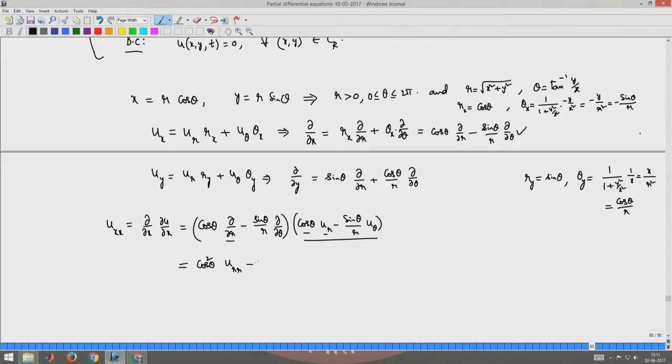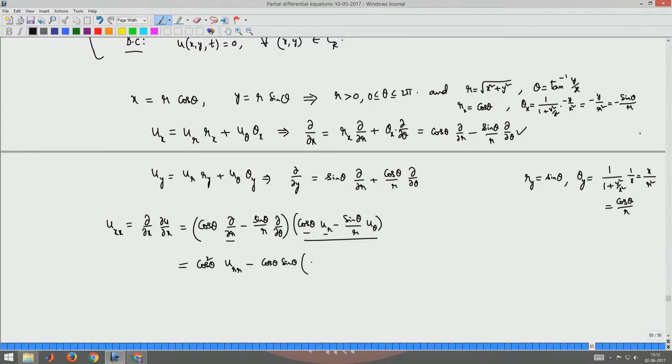Then minus cos theta into sin theta, and what you have to do is differentiate with respect to r, which is 1 by r into u_theta. Sin theta is a function of theta, and u is a function of r also, so you have to differentiate u_theta by r with respect to r.